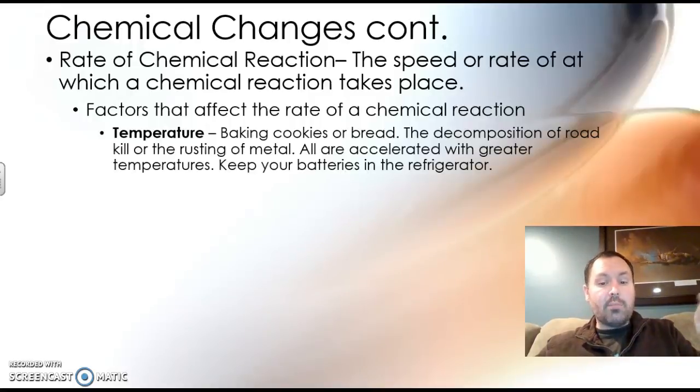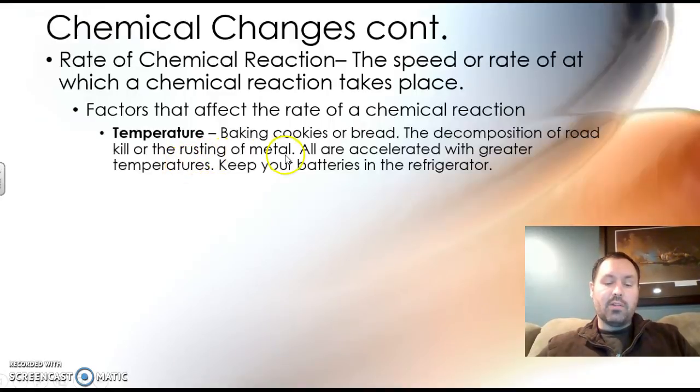But you speed up the chemical reaction by heating it. So baking cookies or bread, the decomposition of roadkill or the rusting of metal, all those things are accelerated with greater temperatures.